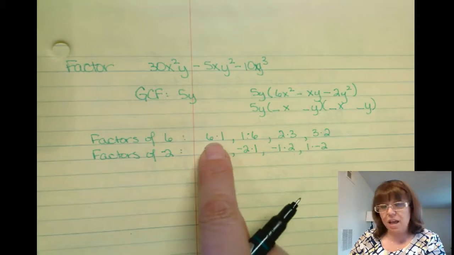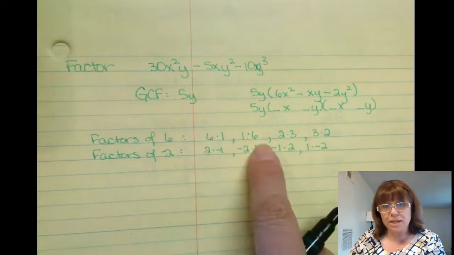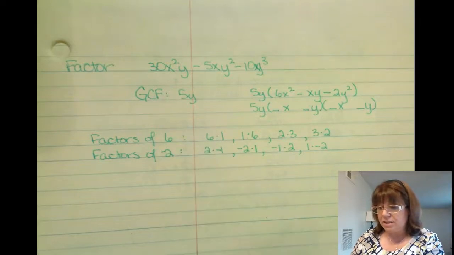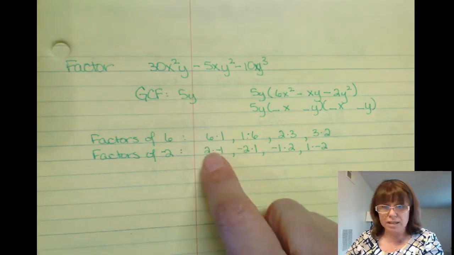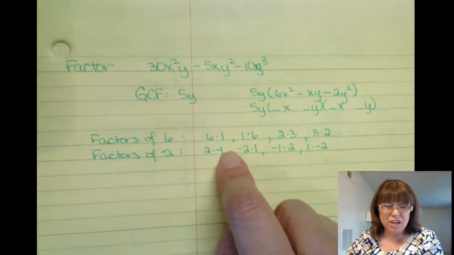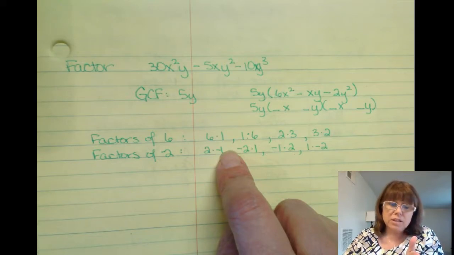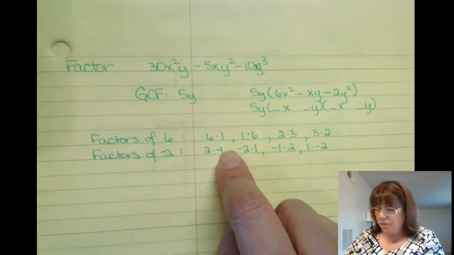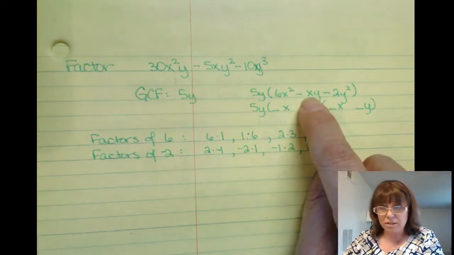Let's look at the 6 times 1 and the 1 times 6. In any of these combinations, if I do a 6 times a 2, that gets me 12. 1 times a 1 will either get me positive or negative 1. So I'm kind of looking around 11 or 13. Well, that's not the one that I'm looking for. I'm looking for a negative 1 in the middle.